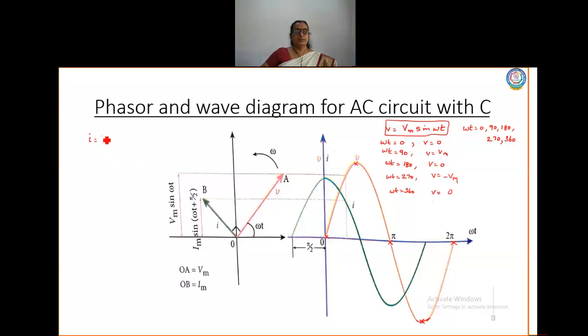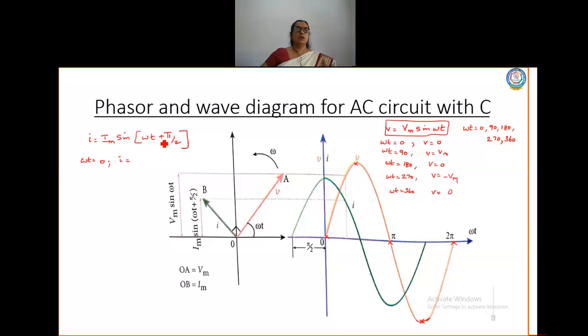I = Im sin(ωt + π/2). Here you should be very careful while substituting the values. Again you are going to substitute the same values we did for voltage: ωt = 0, 90, 180, 270, 360. Let us take the first value, ωt = 0. What will be the value of current here? So substitute ωt = 0.